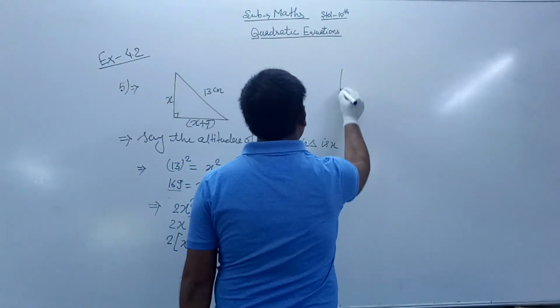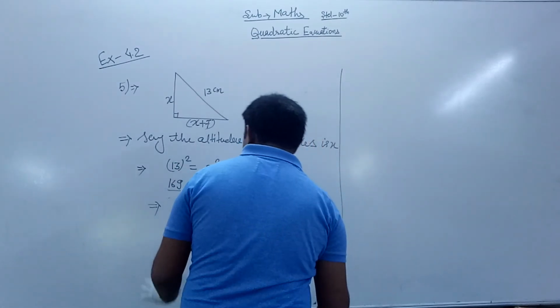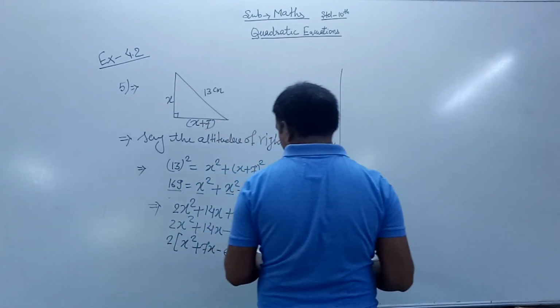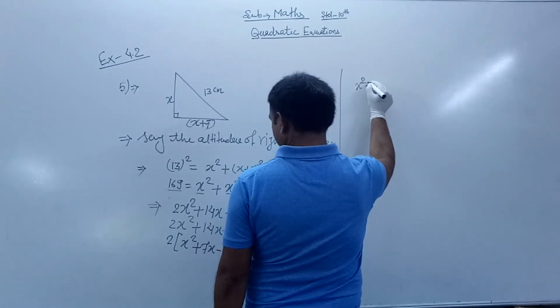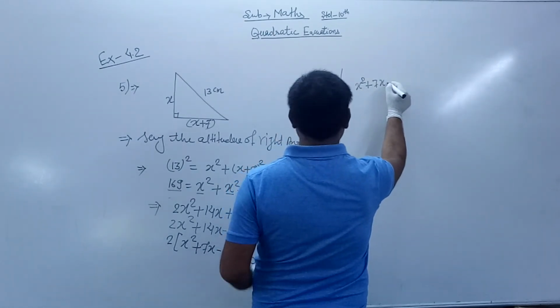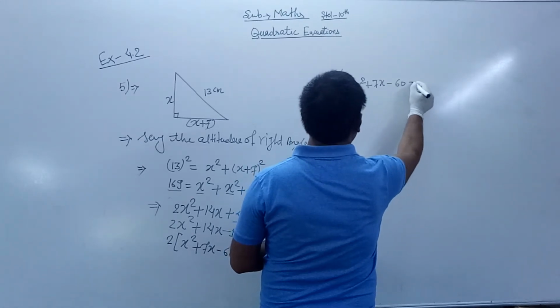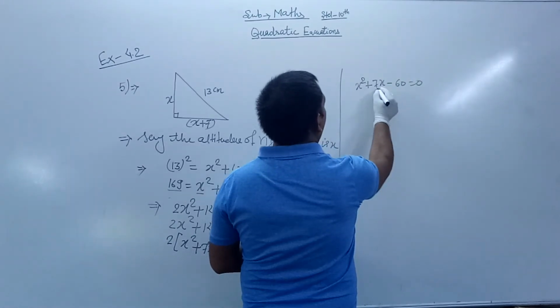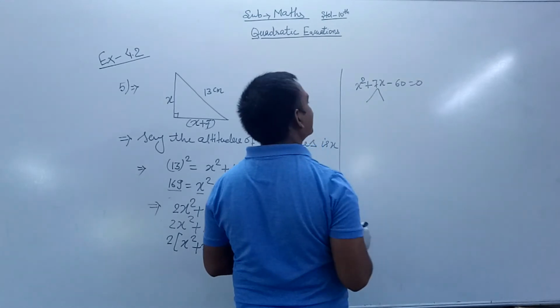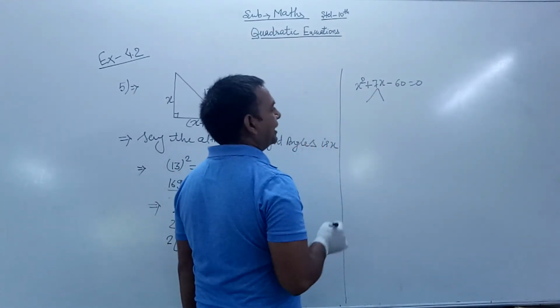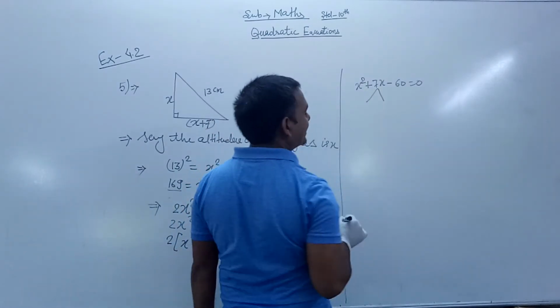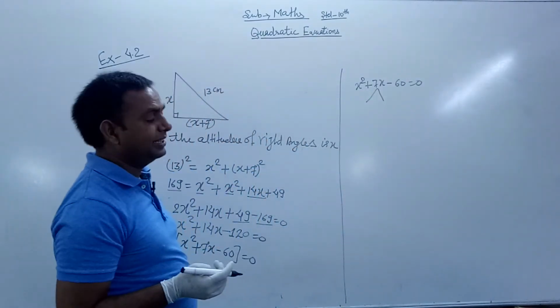Then you transfer 2 to the other side, so 0 divided by 2 is 0. So x squared plus 7x minus 60 equals 0. For the factorization, one is positive and another is negative, because the product is minus 60 x squared.